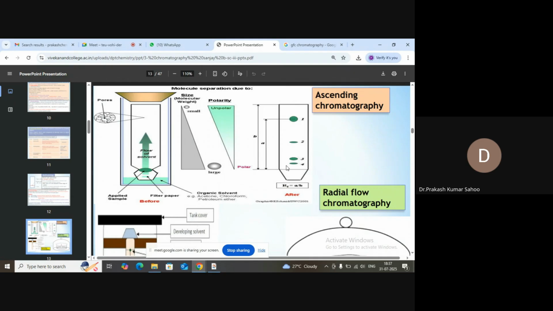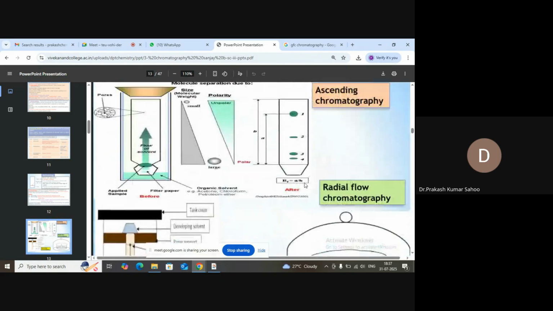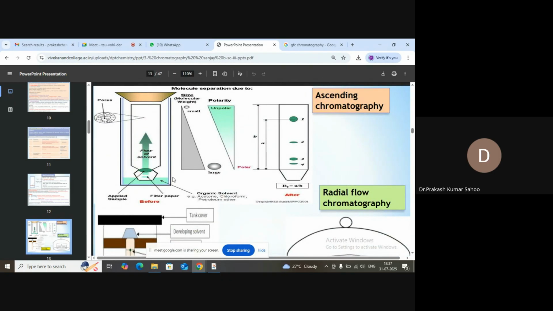So distance traveled by the component is A, and distance traveled by the solvent is B. So the retention factor Rf is A by B. So this is known as ascending paper chromatography, where different components are separated from the bottom to top approach.